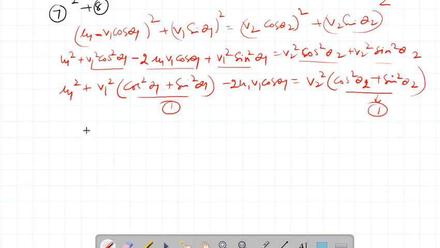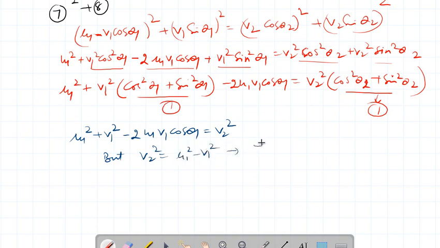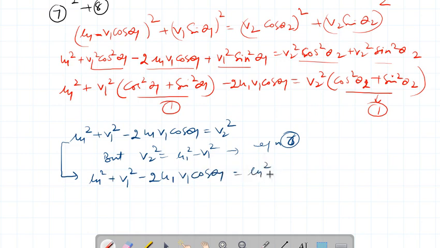So that means I am getting u1 square plus v1 square minus 2u1 v1 cos of theta 1 is equal to v2 square, but as I know that v2 square is equal to u1 square minus v1 square using equation 9, if I use this here, then this equation will become u1 square plus v1 square minus 2u1 v1 cos of theta 1 is equal to u1 square minus v1 square.